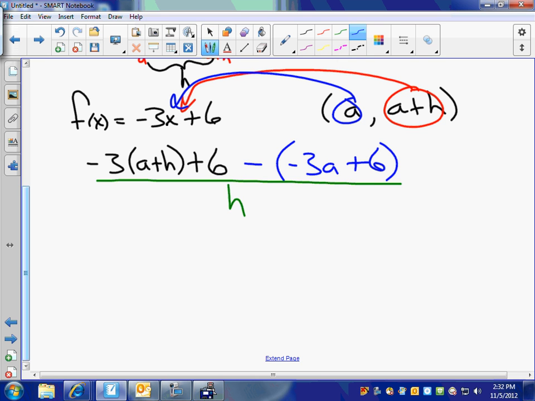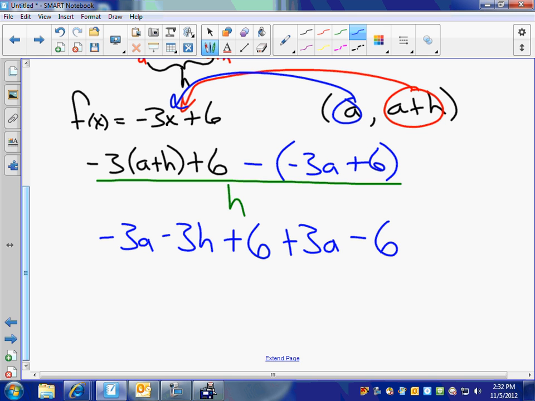What do I get on top? Negative 3a minus 3h plus 6 plus 3a minus 6 all over h.